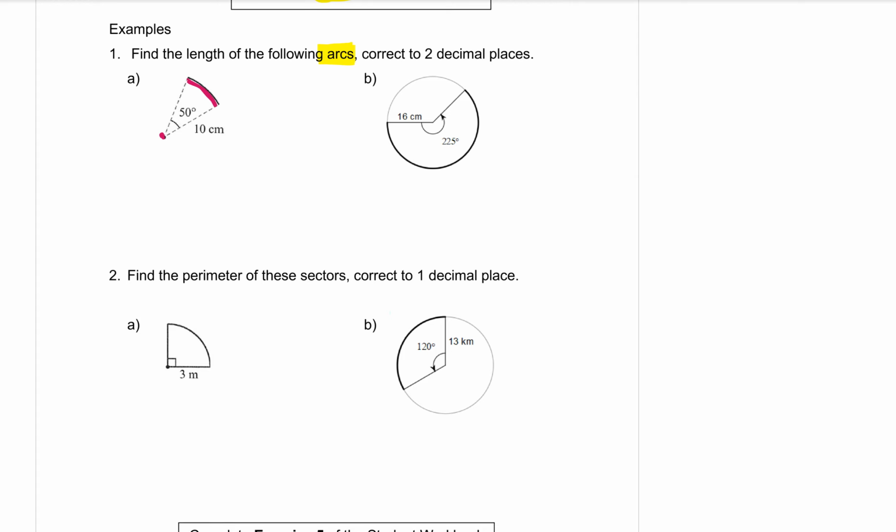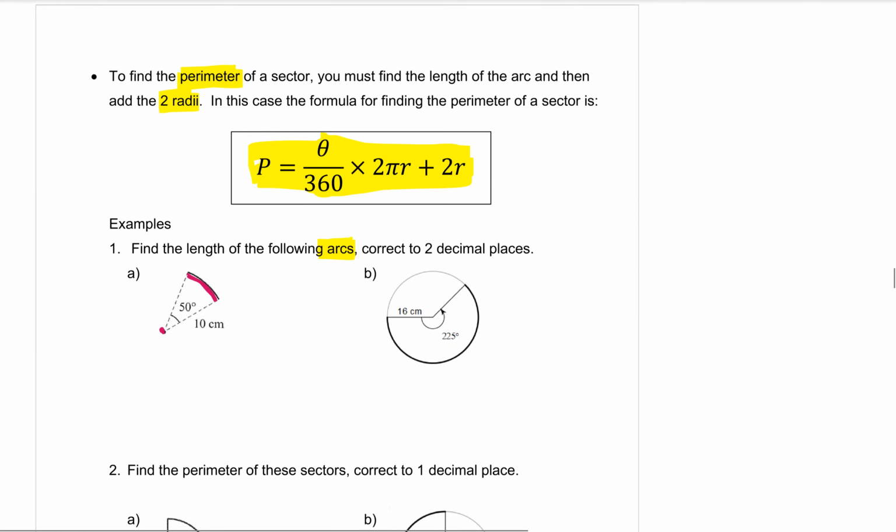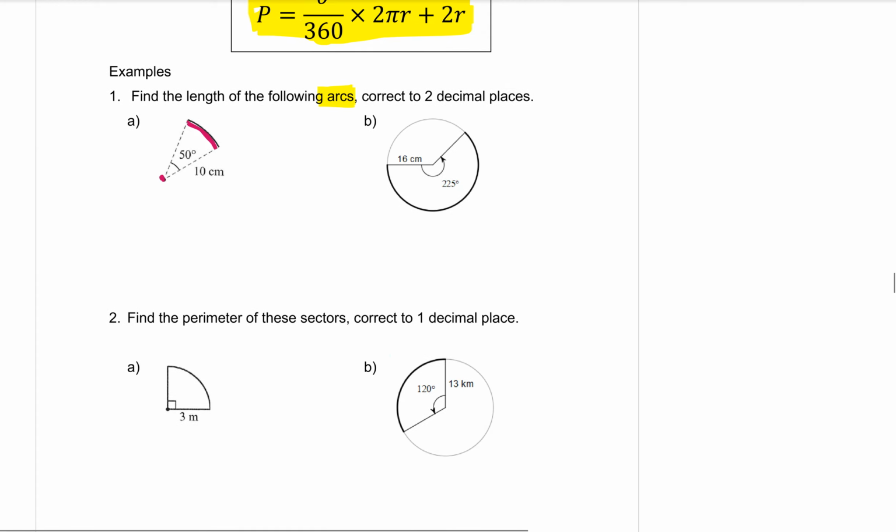Well, most of the time for sectors, because sectors are made with radii, then you will be using the C equals 2 pi r formula. So in this box up here, this one here is going to be the most commonly used formula because sectors use the radius. So let's write that formula down. L for arc length is theta over 360 times the circumference of my circle, which is 2 pi r.